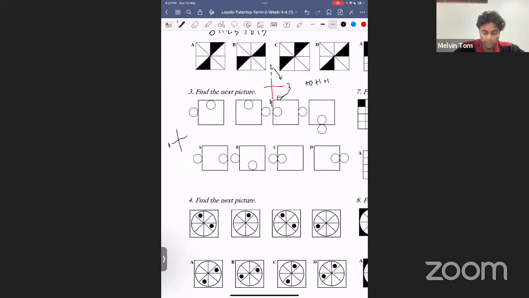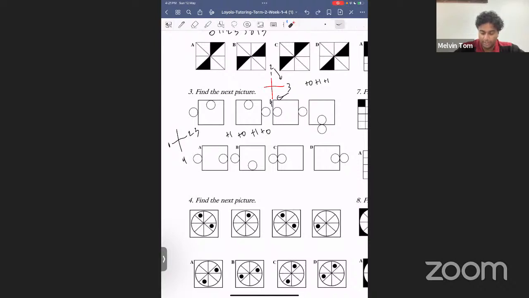So the outside pattern is 1, 2, 3, 4. The outside circle goes +1, +0, +1, +1, +0, +1. Sure, that looks pretty straightforward. So the next one should be +0. So the outside circle should be at the bottom again, right? Oh, sorry, +1.